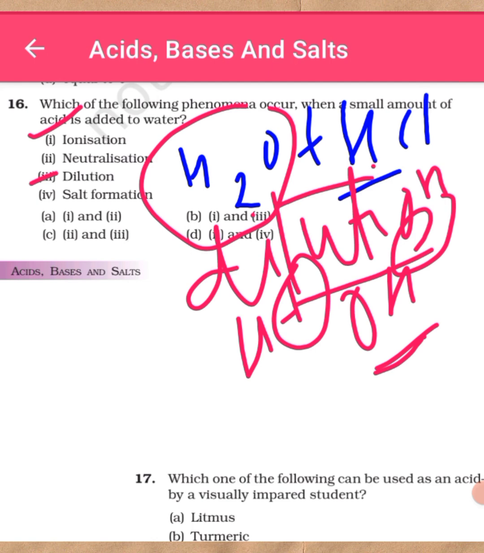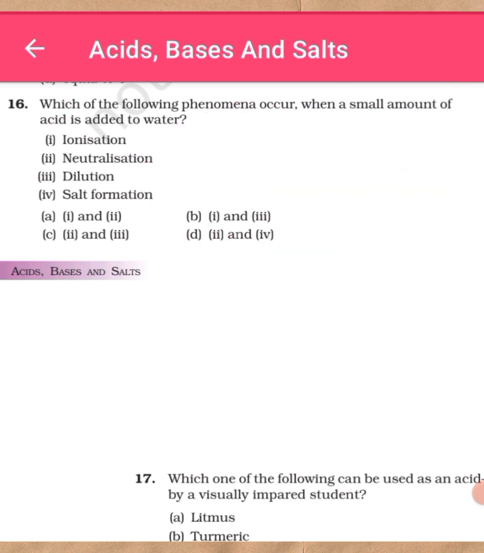So the combination of 1 and 3, option number B, is the answer of this question.